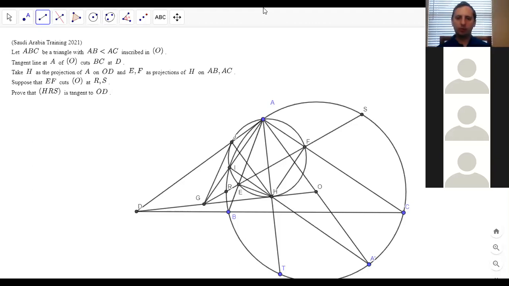So the circle with diameter DH is orthogonal to O, but how do we know that G is the center of that circle? We proved that G is the midpoint of DH.